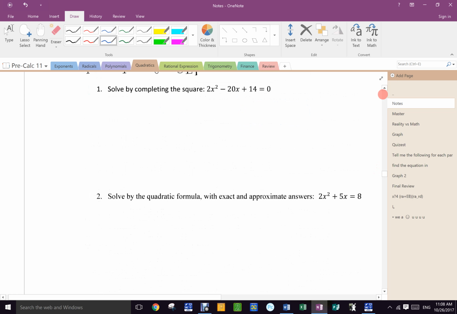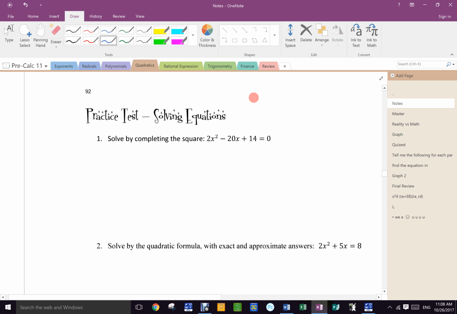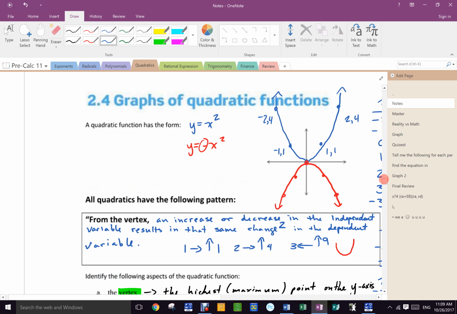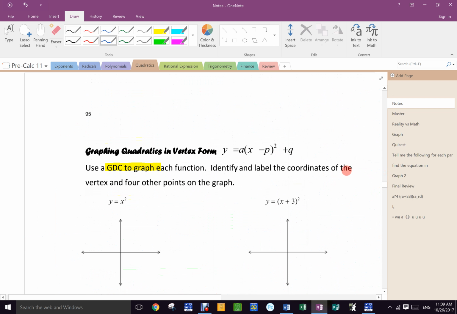So the first thing I'm doing is assigning this. This is homework. Or you could work on it right now so you didn't have homework. The next thing: this page that I said use your graphing calculators for. Excuse me. I want you to use what you just learned. Okay?